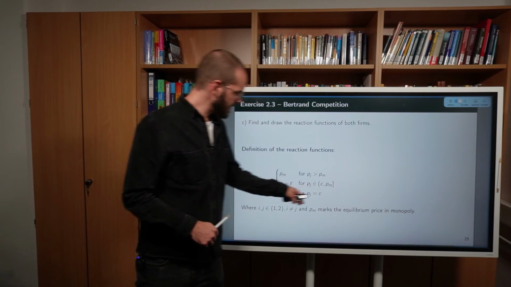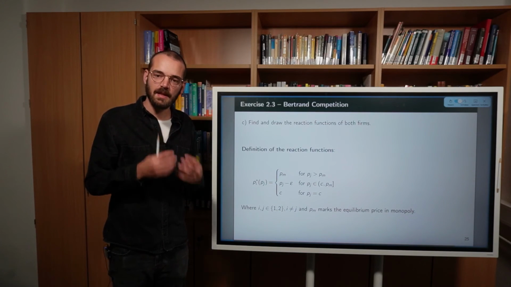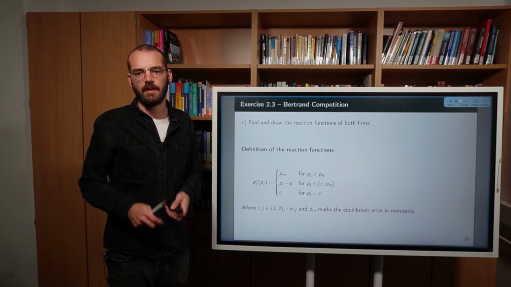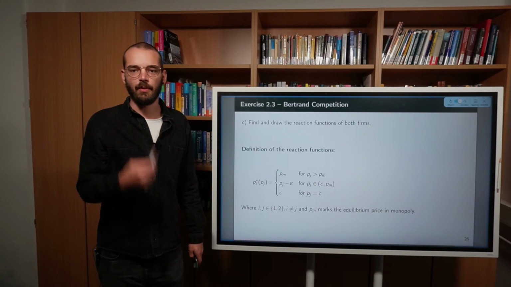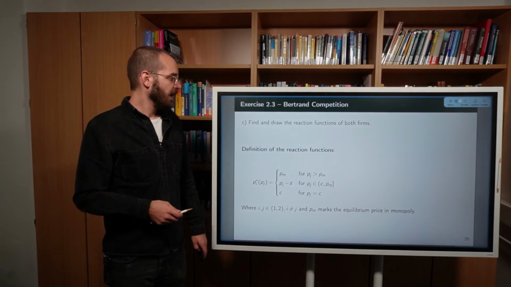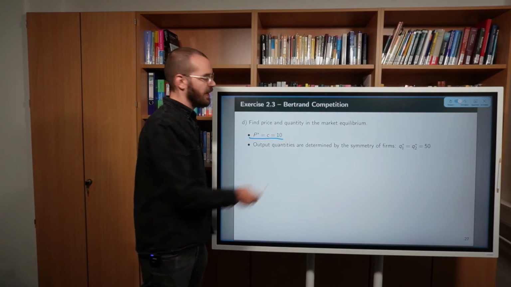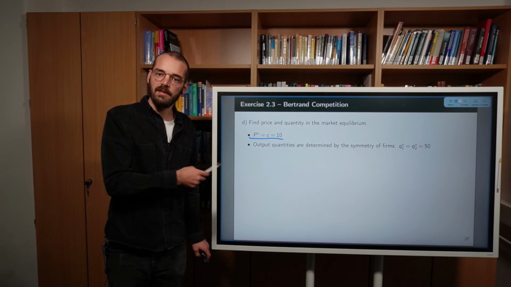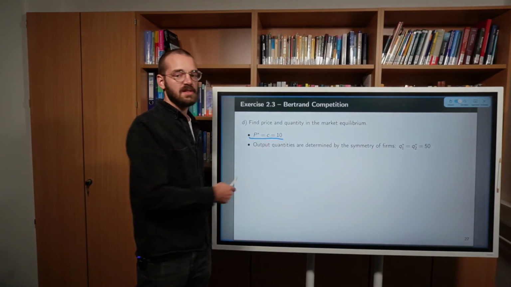So we know that in this very simple model, in this simplest version of a Bertrand competition model, there's only one Nash equilibrium, so there's only one market equilibrium. And in this market equilibrium, both firms choose price at the marginal costs. In this specific specification, we assumed that lower c, the marginal cost, equals 10.